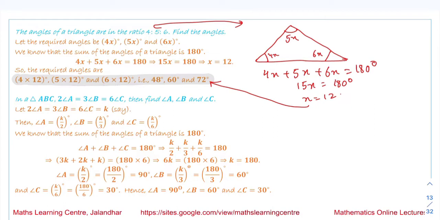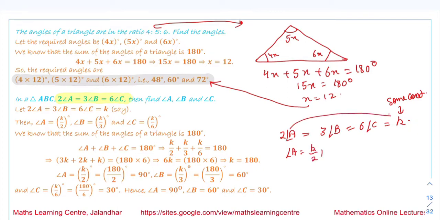Now the next question: in a triangle, 2 times angle A is equal to 3 times angle B is equal to 6 times angle C, and we have to find the angles. Suppose they are all equal to some constant K. Then angle A is K by 2.